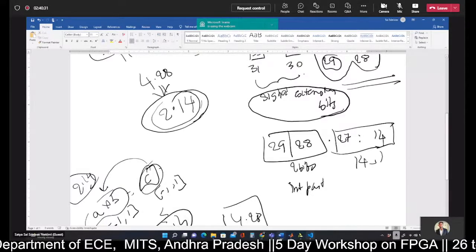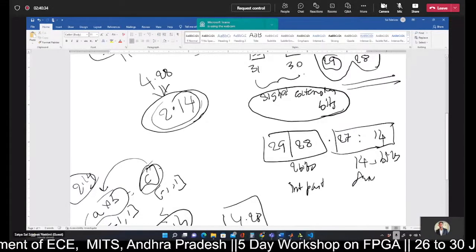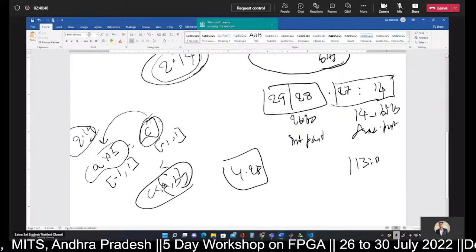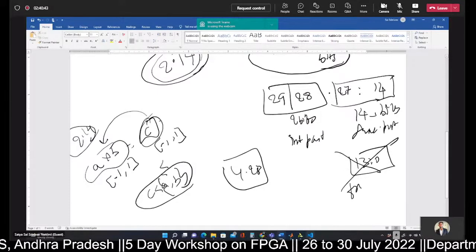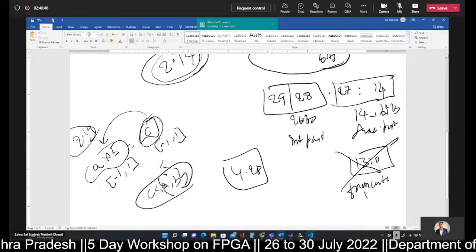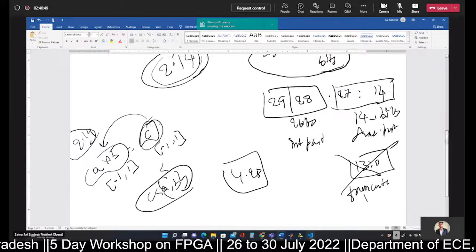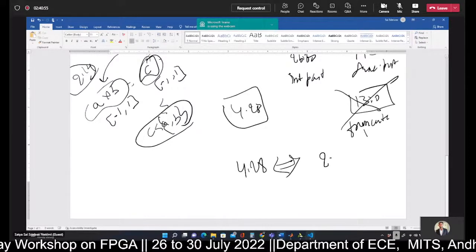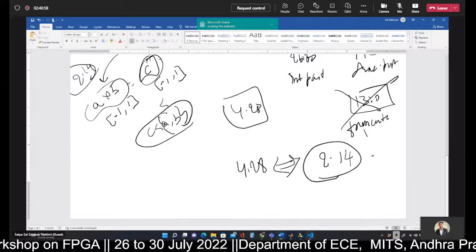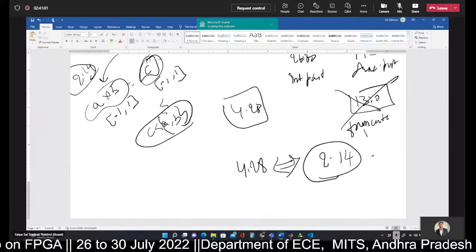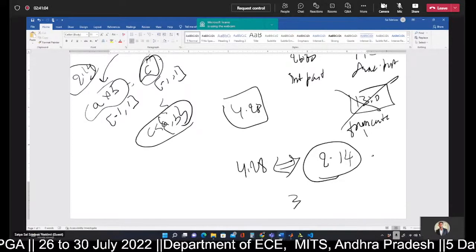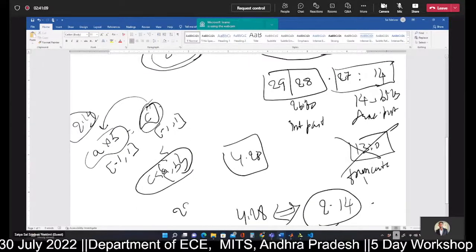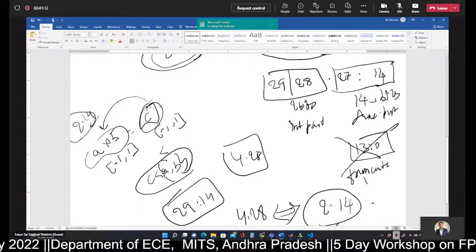So these are 14 bits. These will be the fractional part, and the bits from 13 to 0 we just truncate and remove. This is called part selection. So from the 4.28 resultant, we are able to extract the 2.14 format. So we are extracting the data sample from bit number 29 down to 14. This is our ultimate calculation.